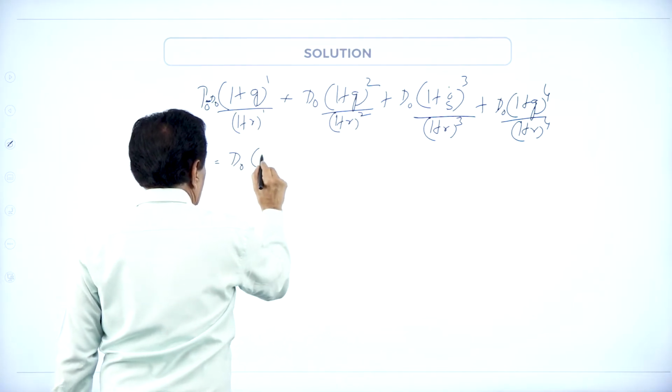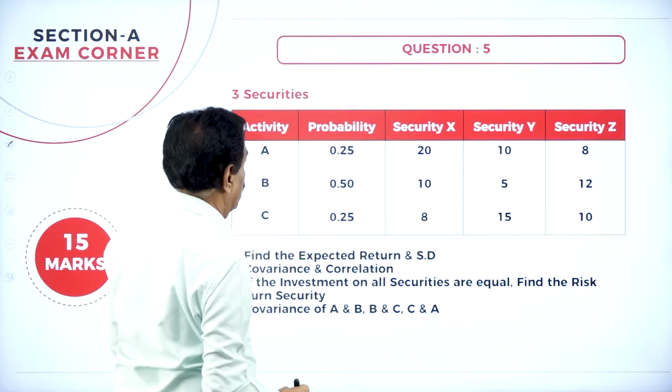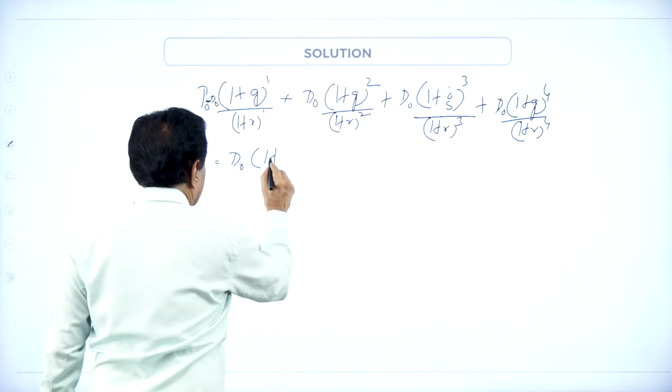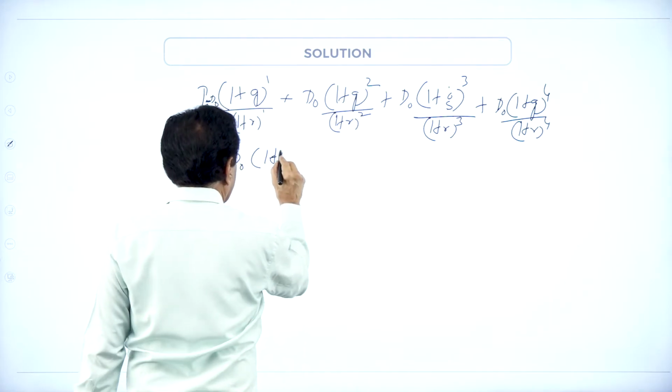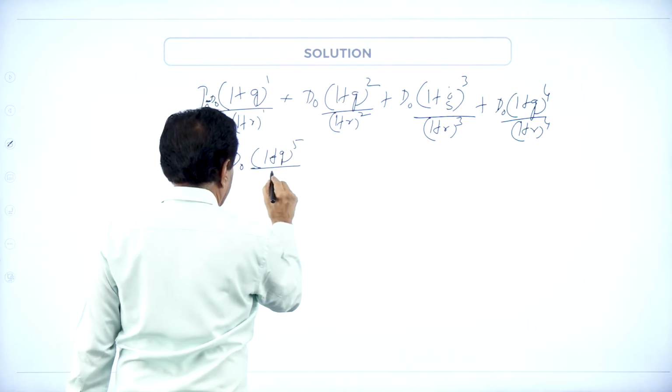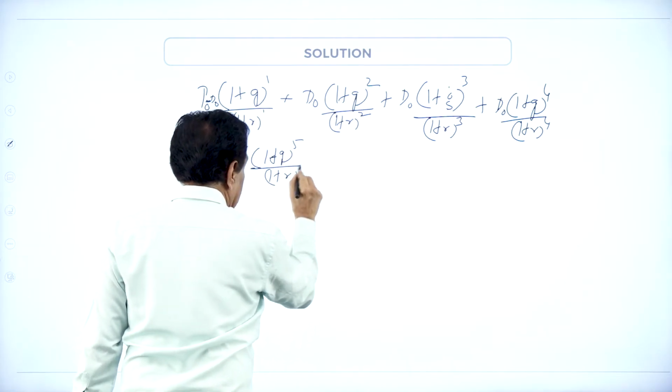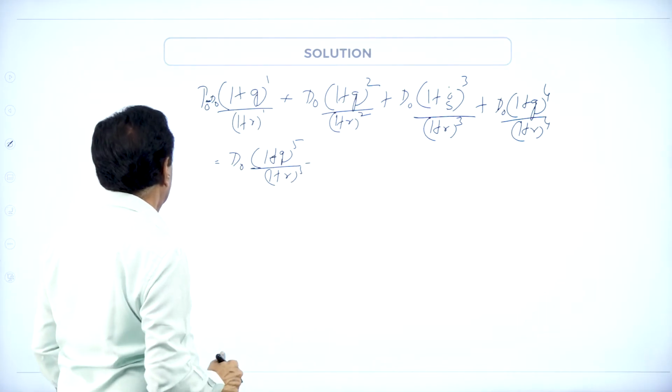D0 into 1 plus g to the power of 5 divided by 1 plus R to the power of 5. Slowly you have to apply.